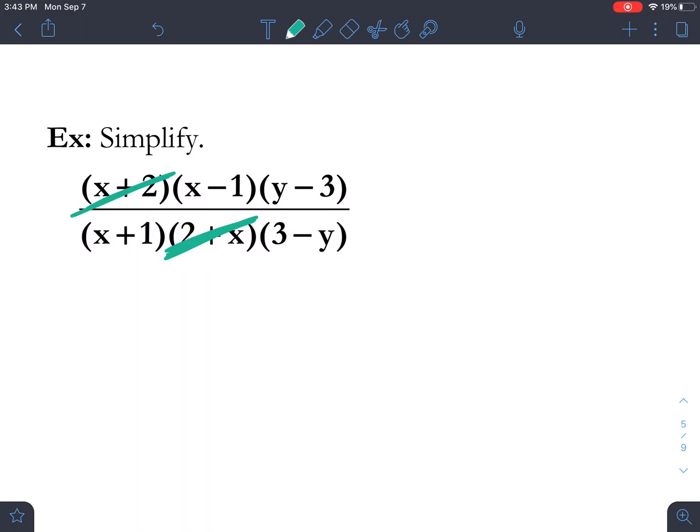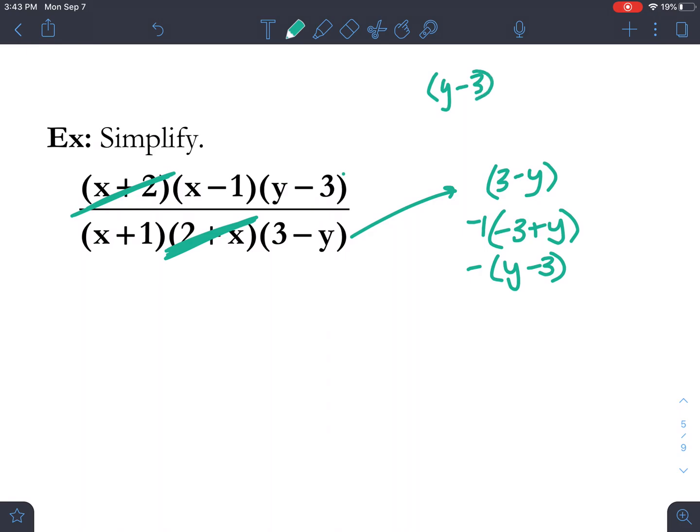But 3 minus y, if I take 3 minus y and I factor out a negative 1, that would be negative 3 plus y, which is negative 1 times y minus 3. Here's really what I have. I have y minus 3 over negative y minus 3.